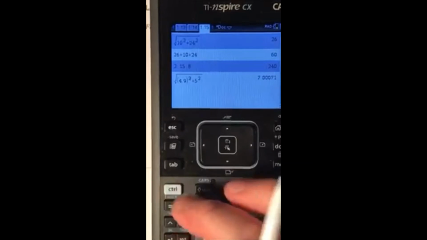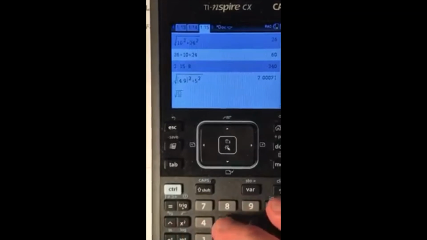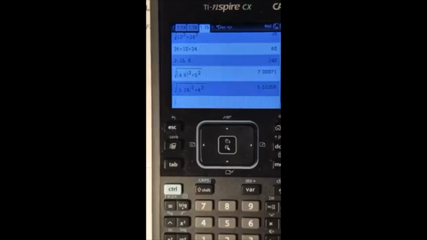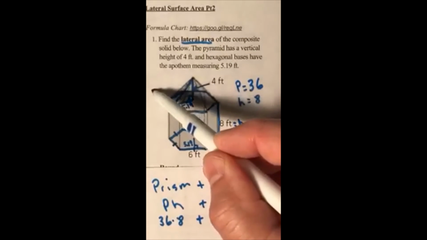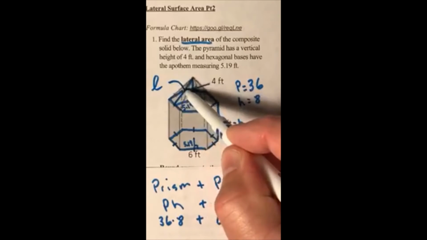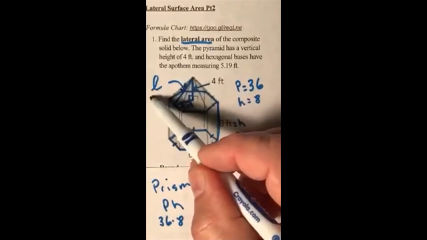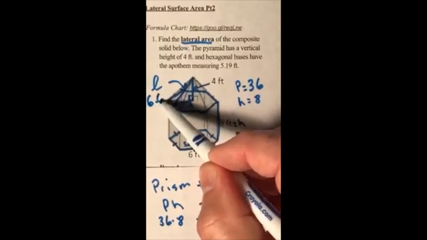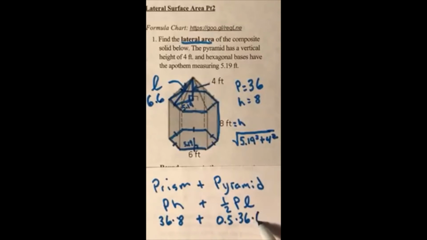That's 6.6 for the slant height. So the slant height, L, which is that piece we just found, is 6.6. So now we know everything.